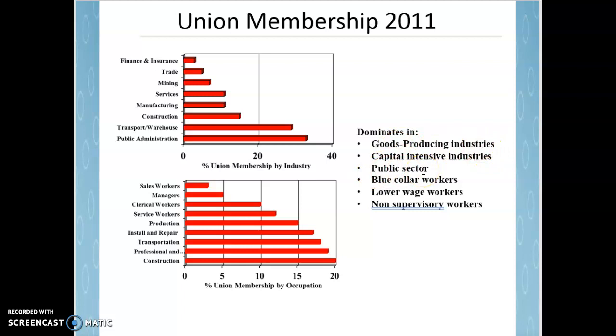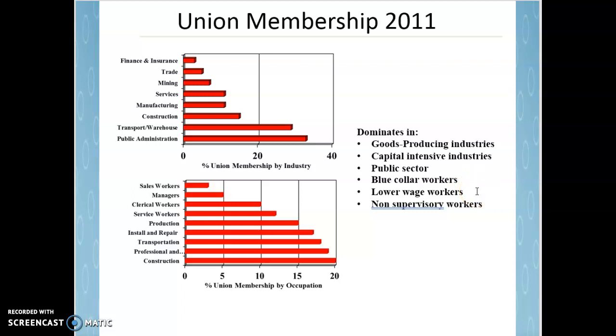the public sector. Down here it shows union membership by occupation. So construction, professional, transportation, installation and repair, production, higher levels of unionization. So we're going to see that unions dominate with blue collar workers, tend to be more attractive to lower wage, not extremely low wage.